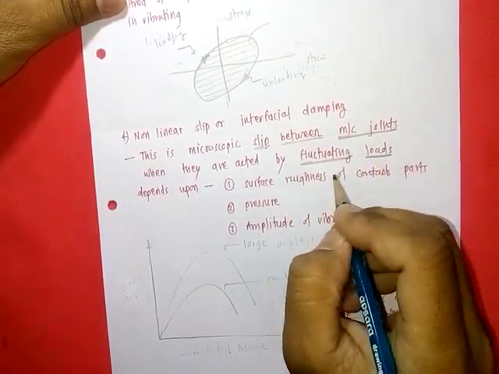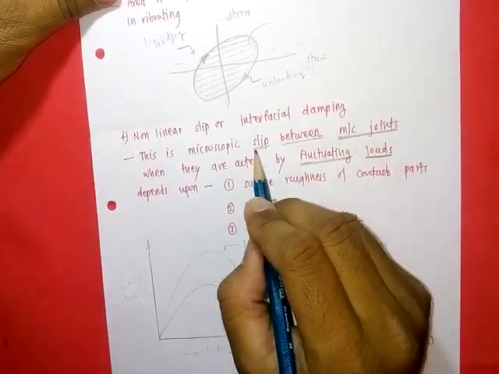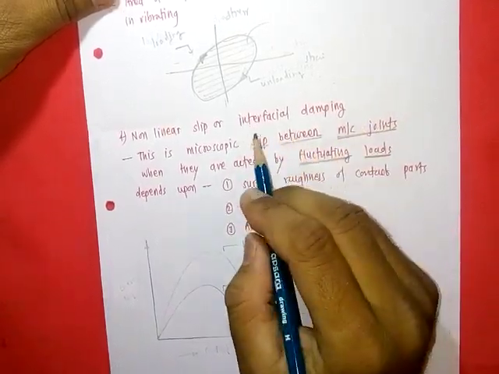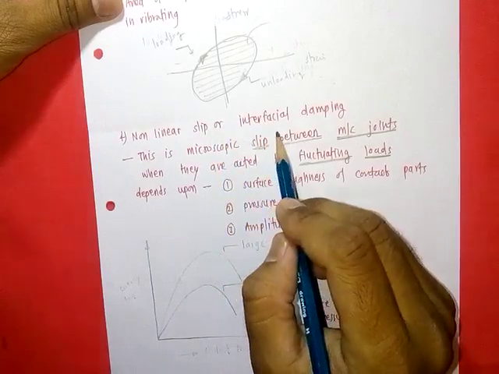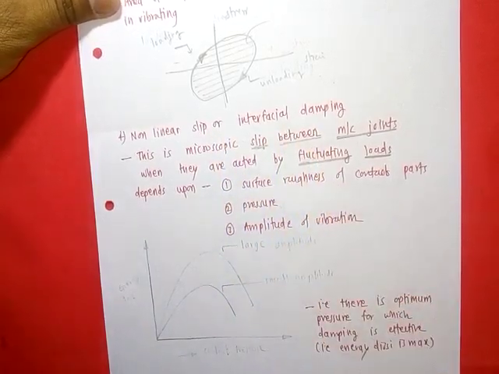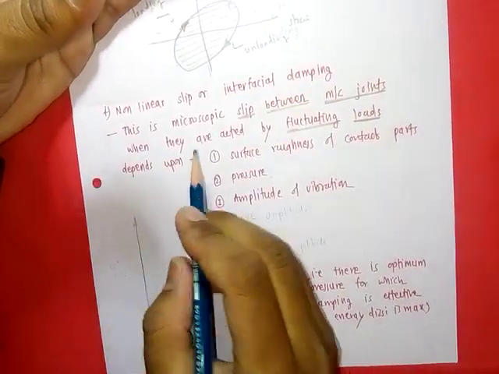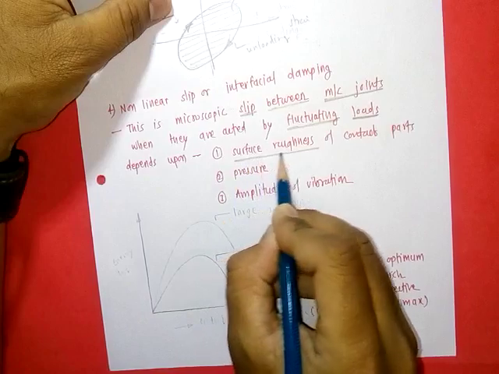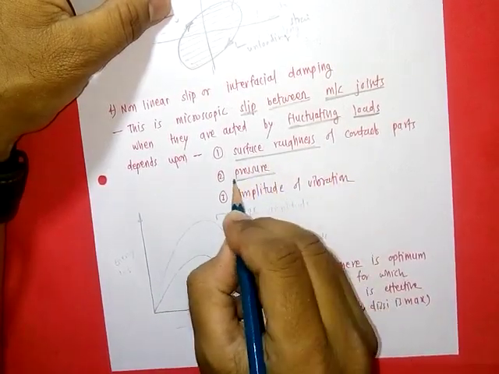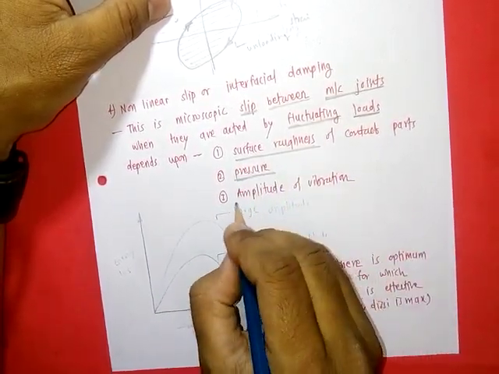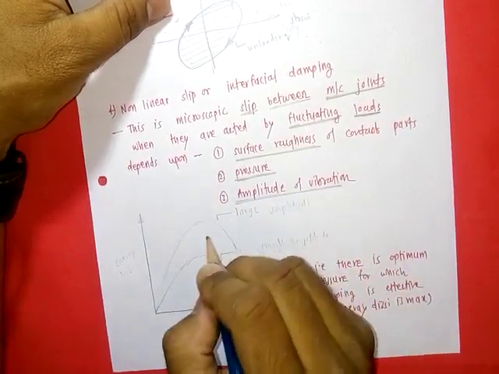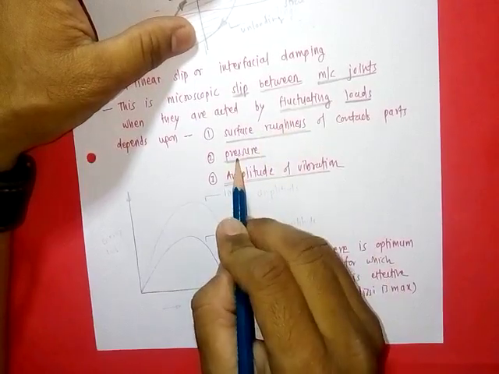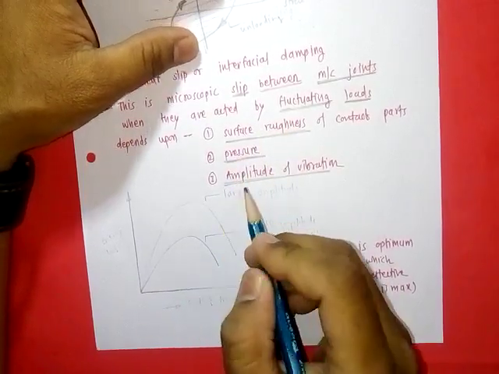This damping depends upon, first, the surface roughness of the contact parts, then the pressure exerted at the contact, and the amplitude of vibrations.